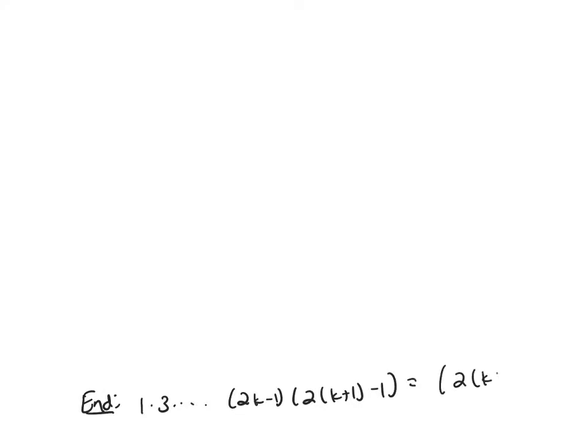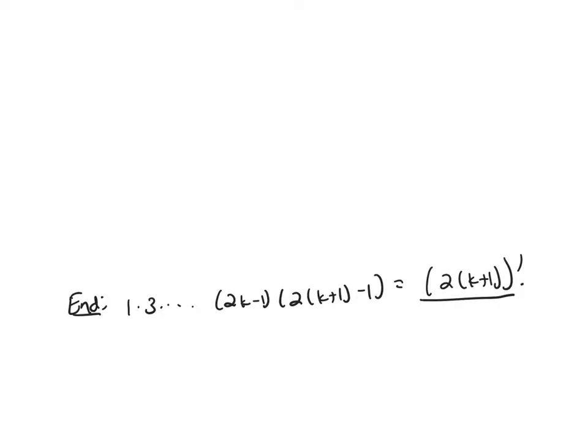So we're going to give ourselves some space, and we're going to write the end of this proof. In the end, I need to show 1 times 3 up through 2k plus 1 minus 1 equals 2 times k plus 1 all factorial over 2 to the k plus 1 times k plus 1 factorial.